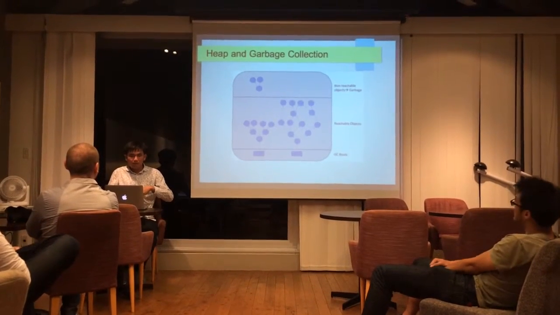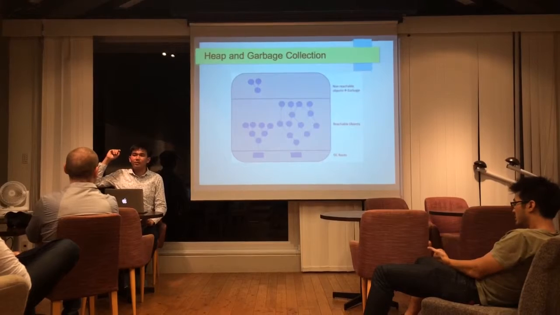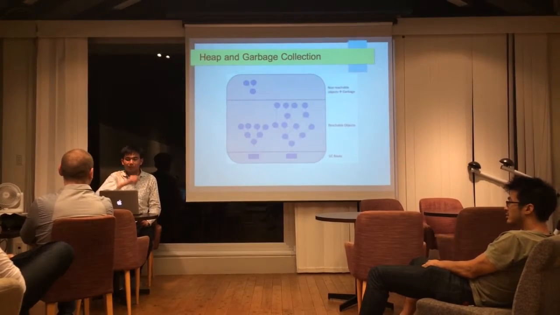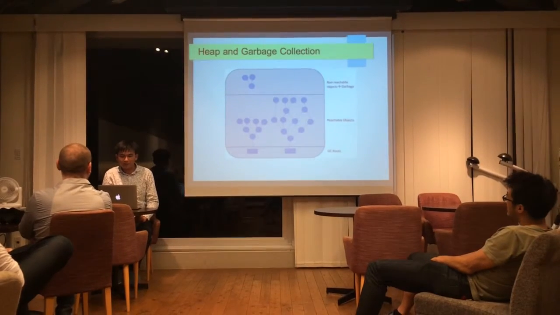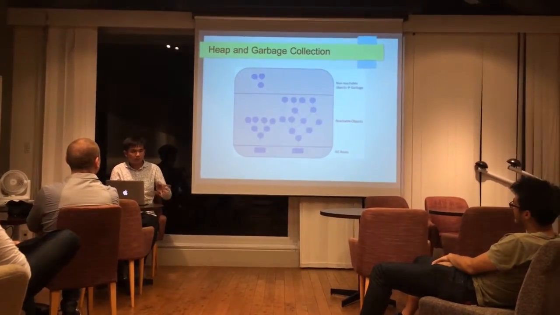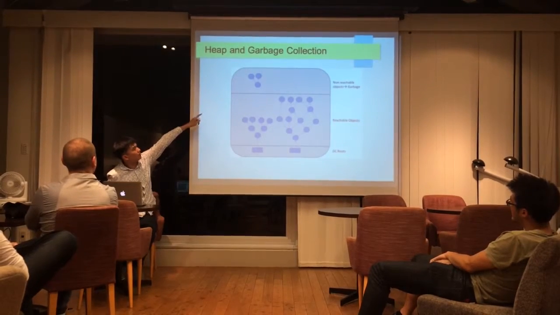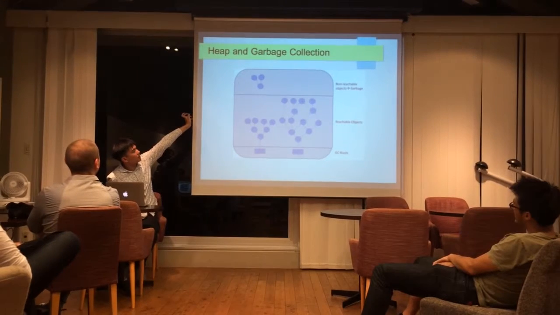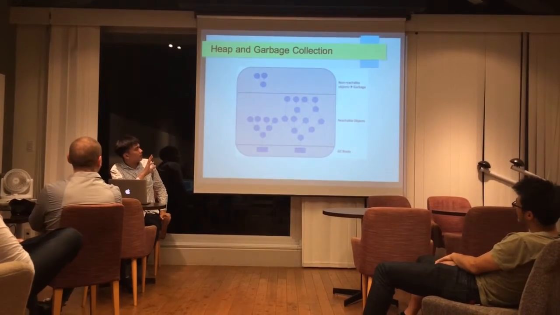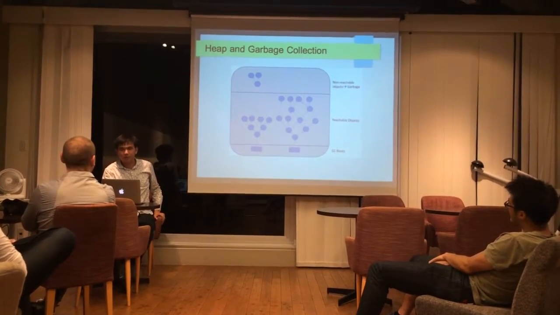Is there anybody here who knows the algorithm of the garbage collector? Yeah, it starts from the GC roots, right? It will search for the non-reachable objects, the non-reachable objects will be deleted, and the reachable objects will be kept.